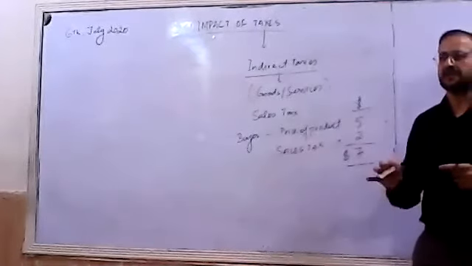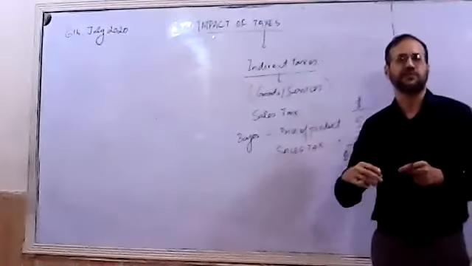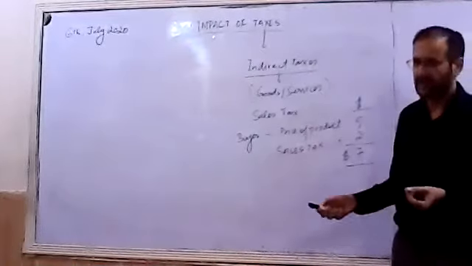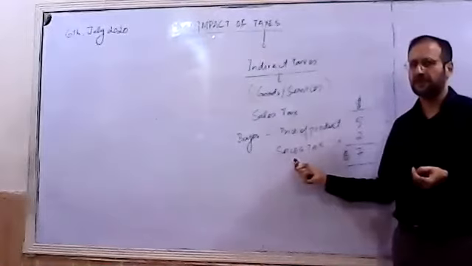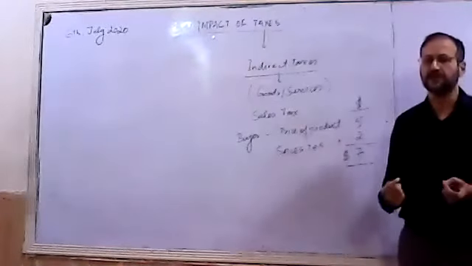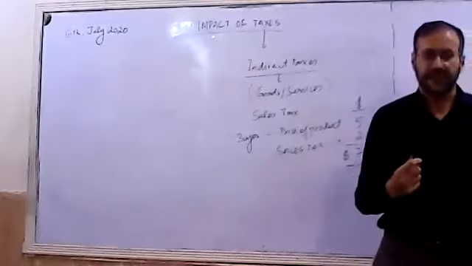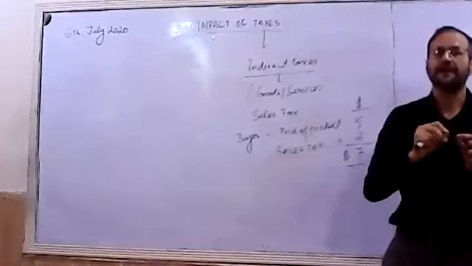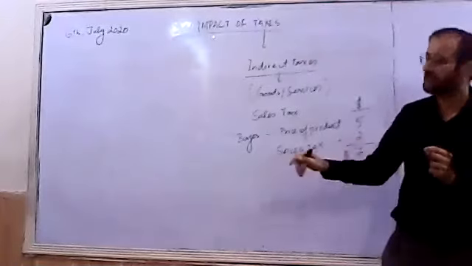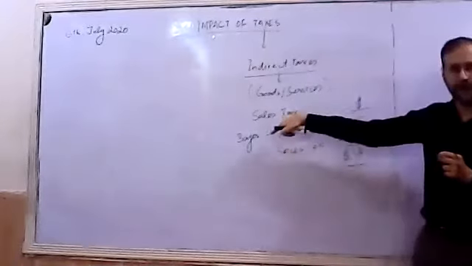Since sales tax is a tax which should be imposed on sales. The buyer is not selling, he's not making sales, so why is he paying? The true answer is that the producer smartly transfers this sales tax burden to the buyer.